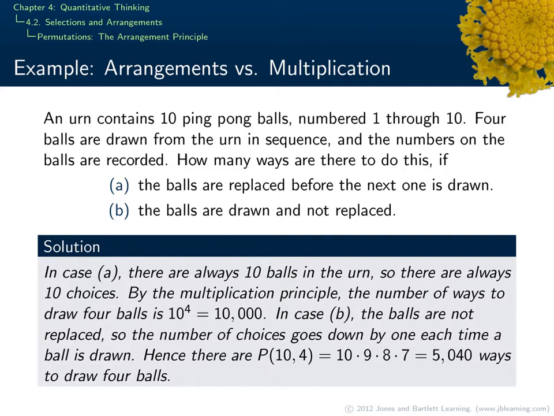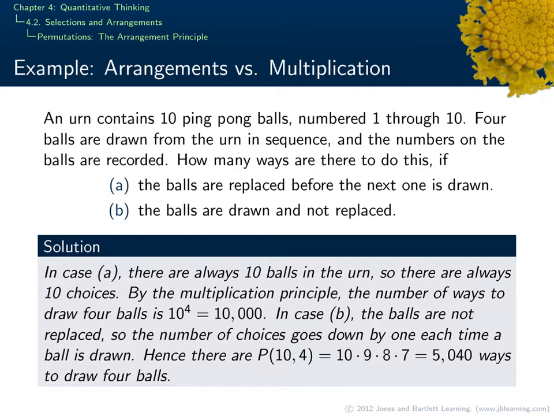Now what we're going to do is draw 4 of these balls from the urn in sequence, and record the numbers on the balls that we select. So how many ways are there to do this if, A, the balls are replaced before the next one is drawn, and B, the balls are drawn and not replaced?